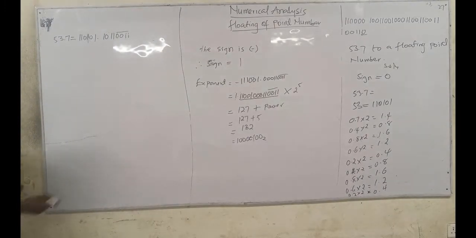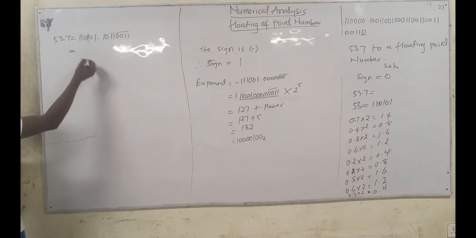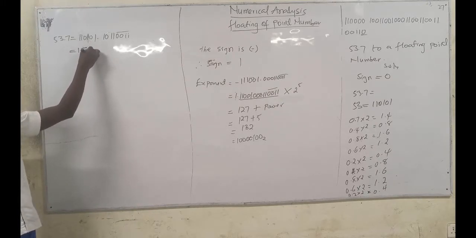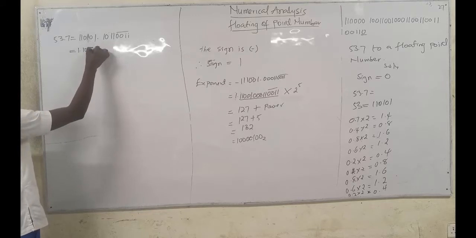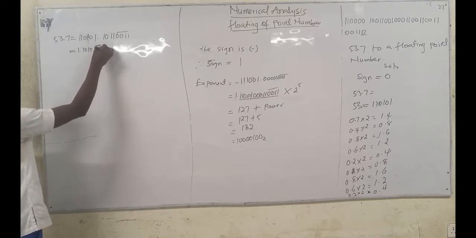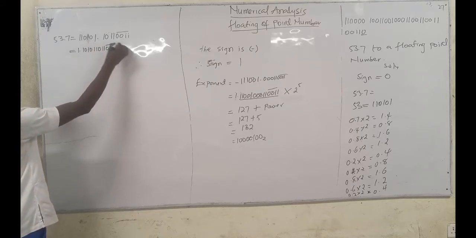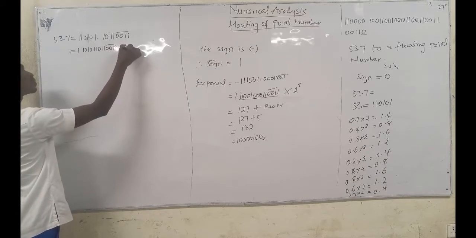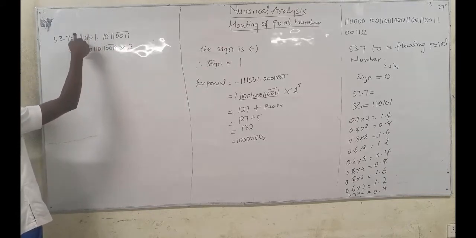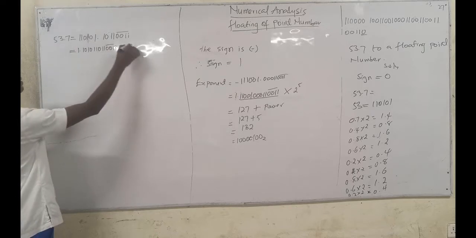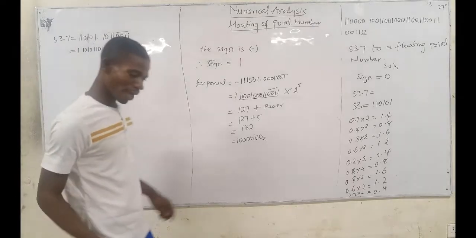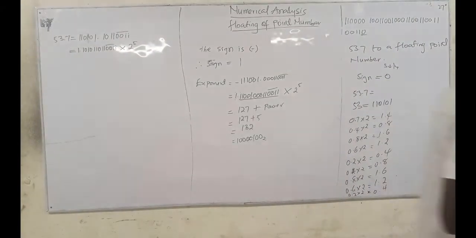So, writing this one in the standard form, we get 1.1010110011 times 2 to the power 6. This 6 or 5? 5. Open your eyes well. Yes, 5.